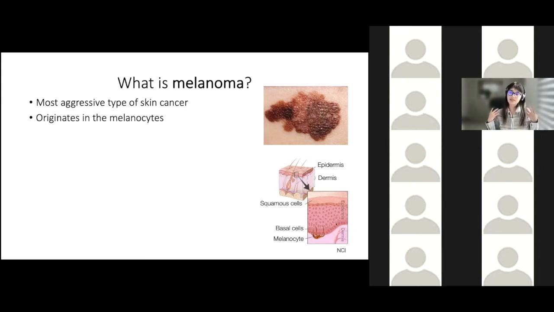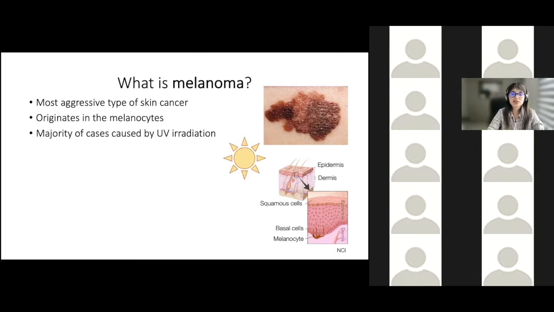Their main biological function is to produce melanin, which is a pigment that is able to absorb the most harmful component of ultraviolet light. Because ultraviolet light is able to cause mutations in DNA and therefore lead to cancer, melanocytes have this important job of producing melanin, absorbing UV light, and protecting the genome of cells around them.